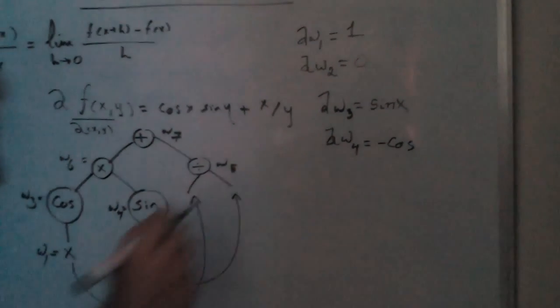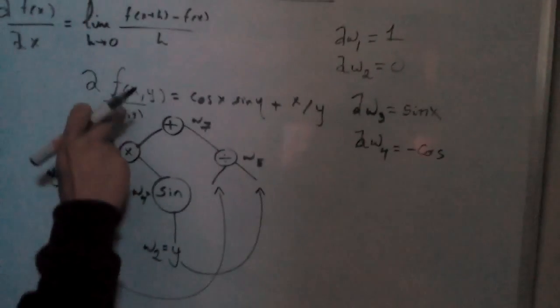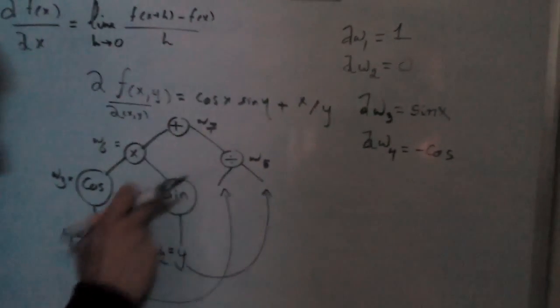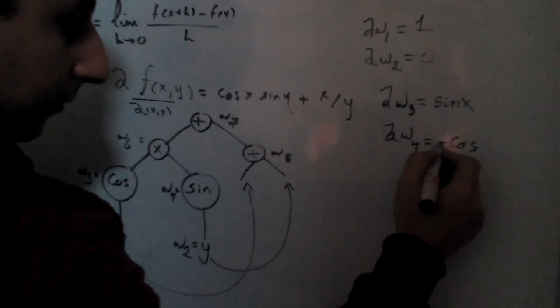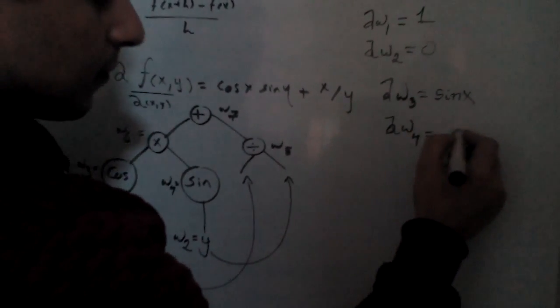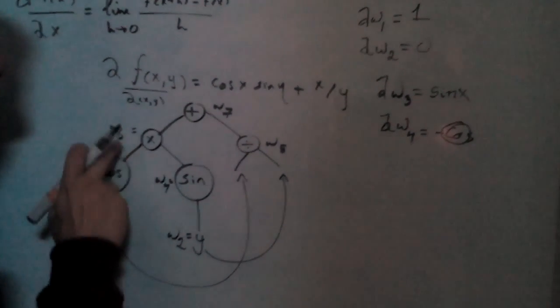Oh, here we were about to make a mistake. Remember, this is a sine of y. We are taking the derivative relative to x. So this one becomes again 0.